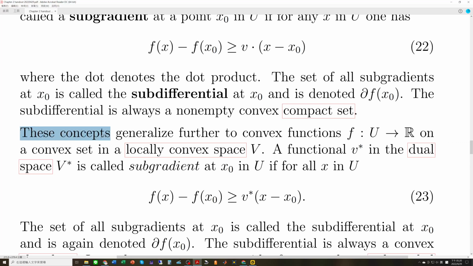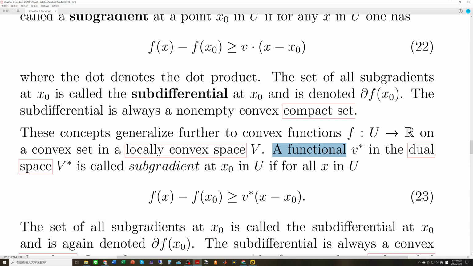These concepts generalize further to convex functions. f is a function from U to R on a convex set in a locally convex space V. We will explain what a locally convex space is later.